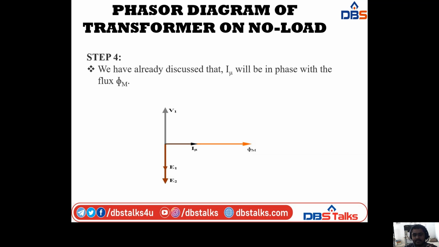I indicate the I mu direction towards phi m, so these two are in the same direction. That means I mu will be in phase with phi m. Both are in the same direction because these two are in phase.